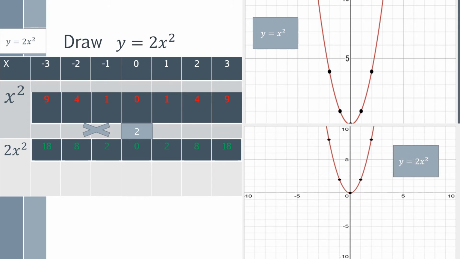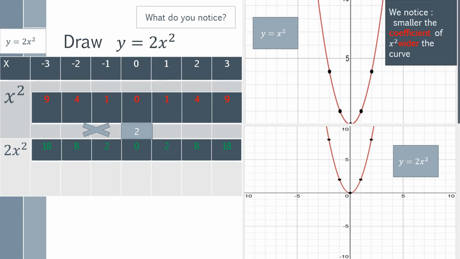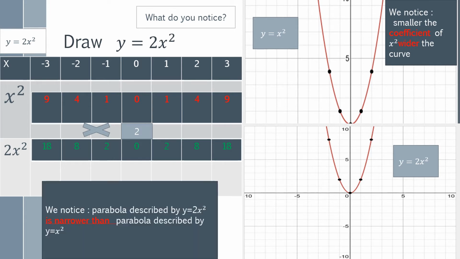Now, if they ask you, what do you notice about these two graphs? If you look at the coefficient of x squared and the coefficient of 2x squared, which is 1 and 2, you will find that the larger the coefficient of x squared, the narrower the curve. In other words, the parabola described by y equals 2x squared is narrower than the parabola described by y equals x squared.